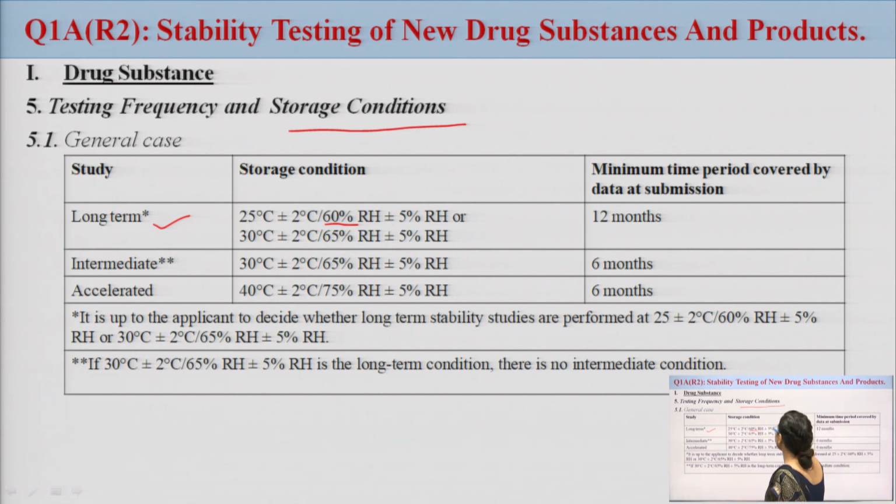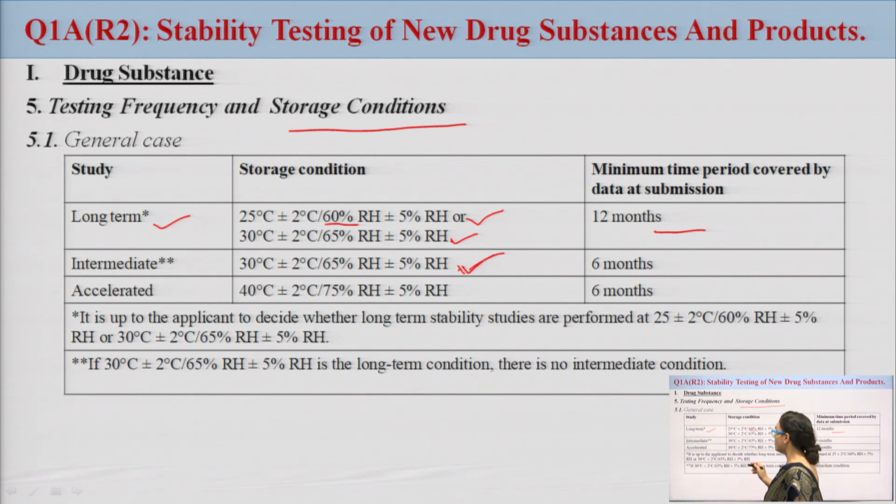So long term study is generally conducted for 12 months. In long term study we can either choose this condition or this condition. Suppose if we have chosen this condition, in that case we do not need to perform intermediate stability testing. Means in this condition we can omit this stage.